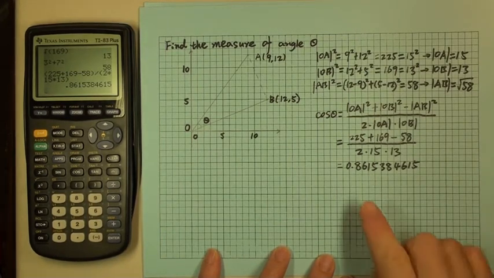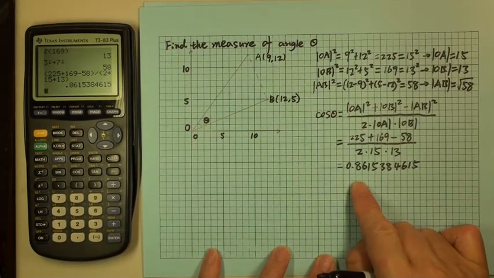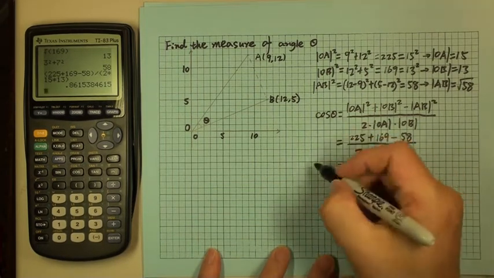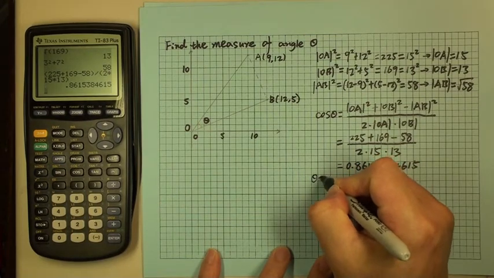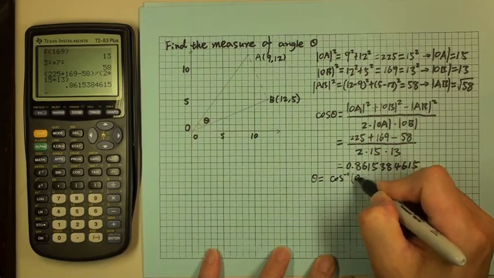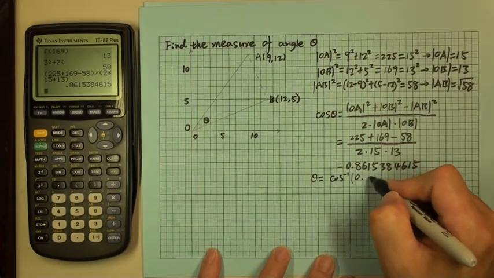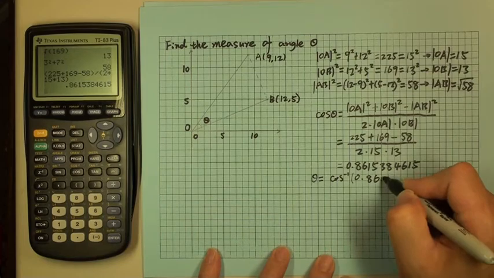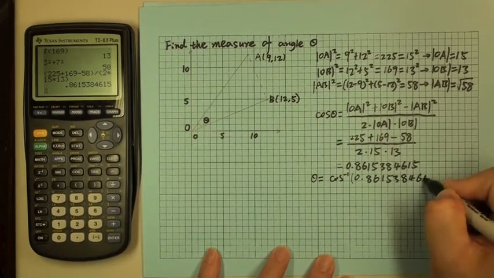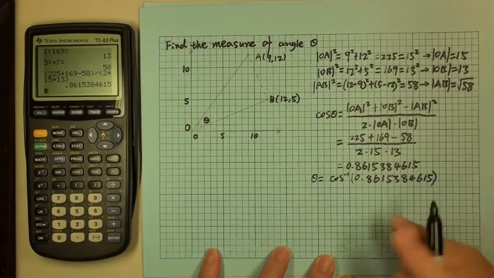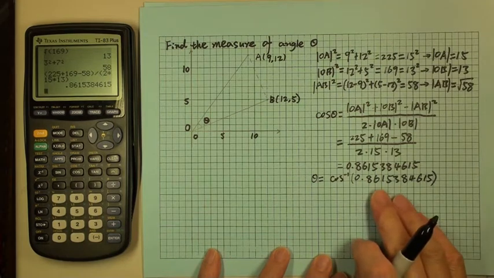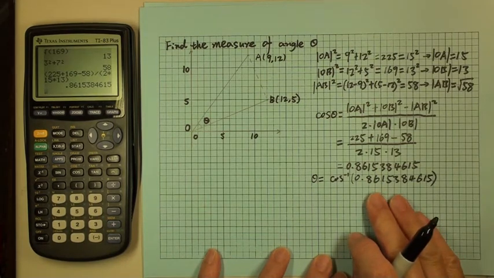So when you do the cosine inverse, theta equals cosine inverse of this number, 0.8615384615. Because there are too many digits, when you input them you will make some mistakes.